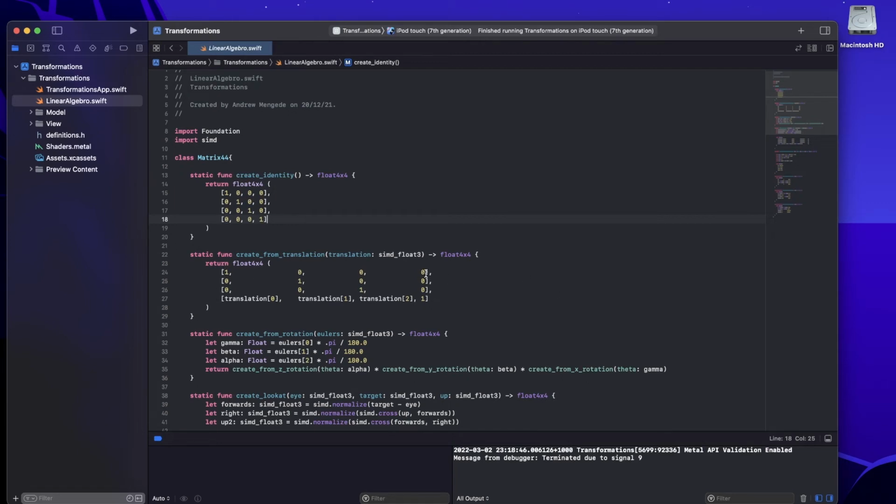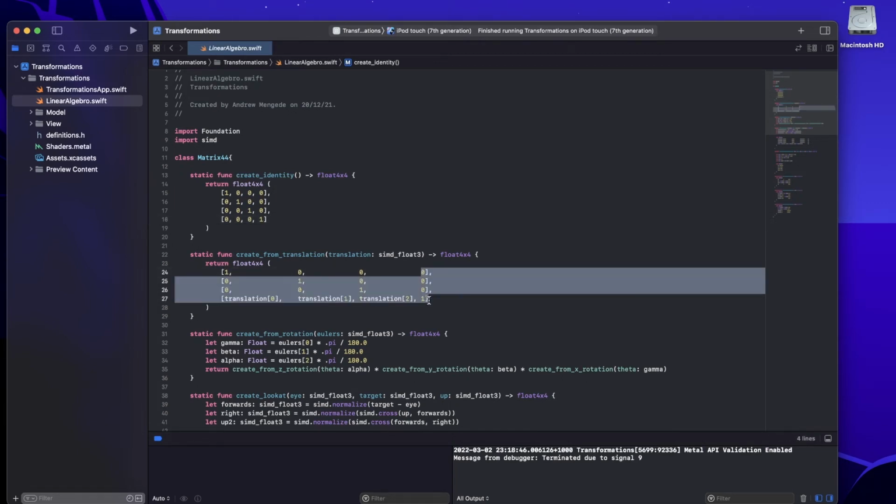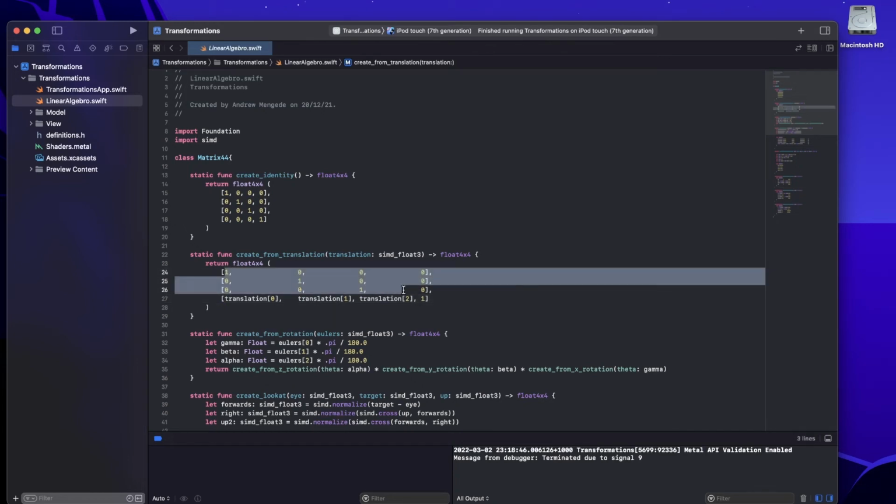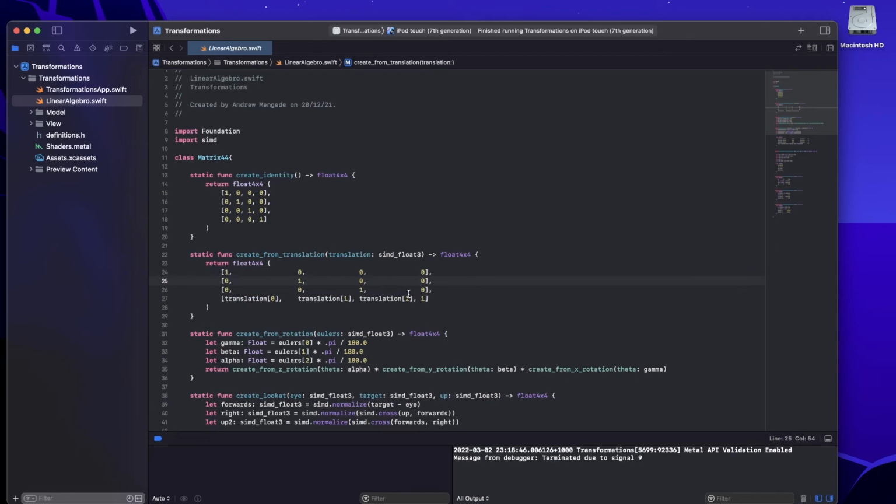So usually the rightmost column in standard form stores the translation, but because we are in column major form, not row major form, we take the transpose, and it's this row here which has the translation info, and this is the upper 3x3, which is the identity.